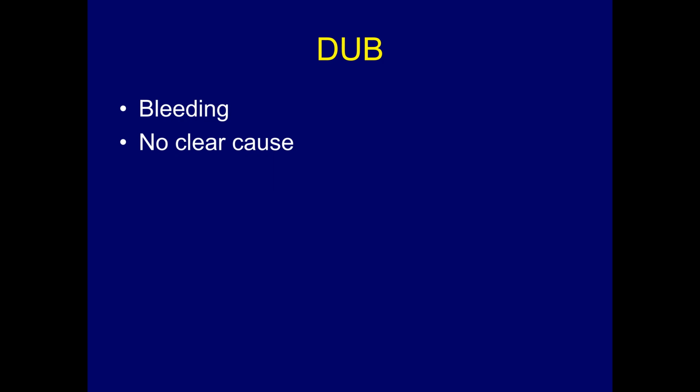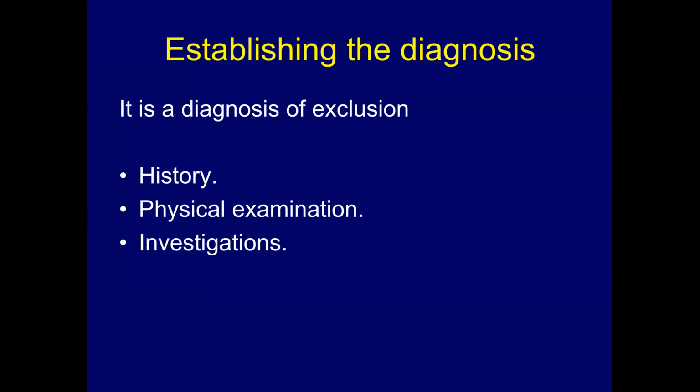So that's all the secondary causes being excluded. So it's very important to establish the diagnosis. It's a diagnosis of exclusion. So take a good history from the woman, a good physical examination, and do a good workup.